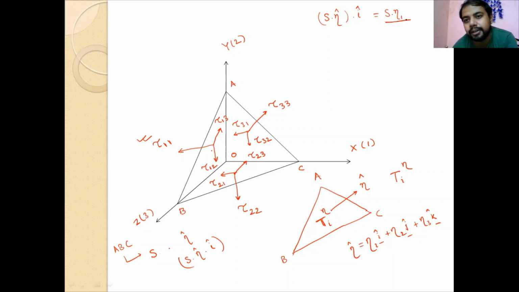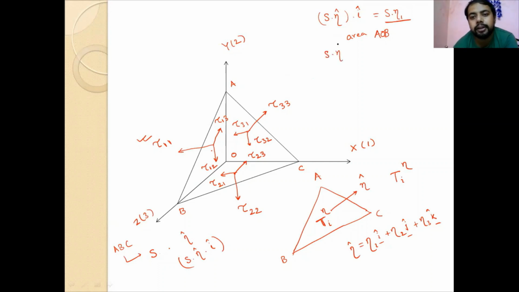What is S n1? It is nothing but this area, ABO or AOB. Because if we take the dot product of this area, the projected area we get is AOB, this part.